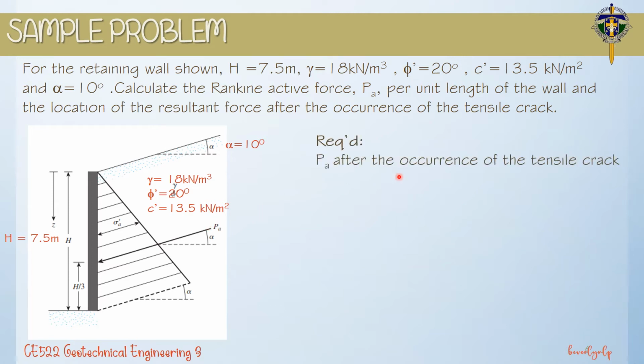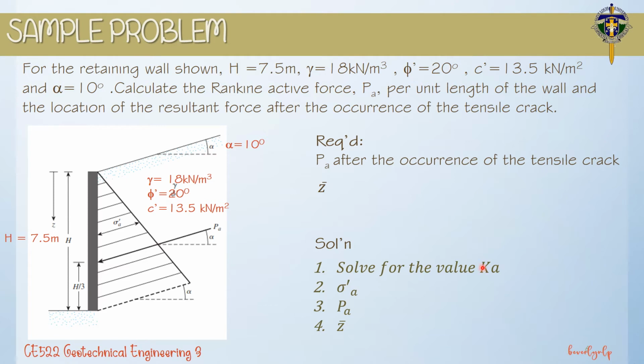We are required to determine the Rankine active force, but note that this is after the occurrence of the tensile crack. And then we are also to determine the location of the resultant force after the occurrence of the tensile crack. So for our solution, first we have to determine the value of the coefficient of active earth pressure.